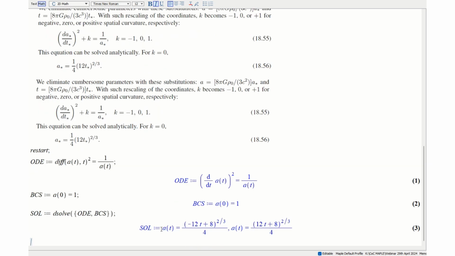So here the expansion A is proportional to t to the power 2 by 3 for the given boundary condition.